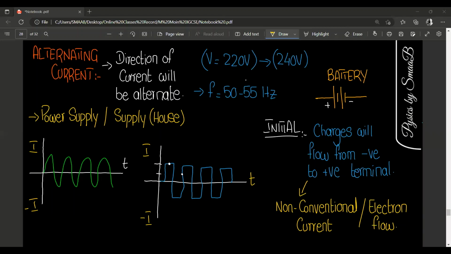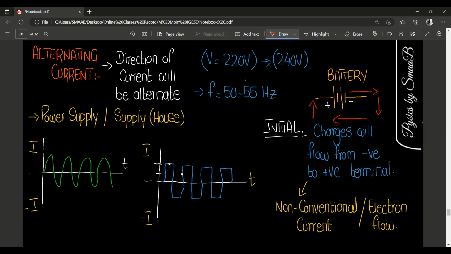So this is known as electron flow, when charges move from the negative side like this, and in this case charge starts flowing from the negative end to the positive end, right? So this flow is known as electron flow.